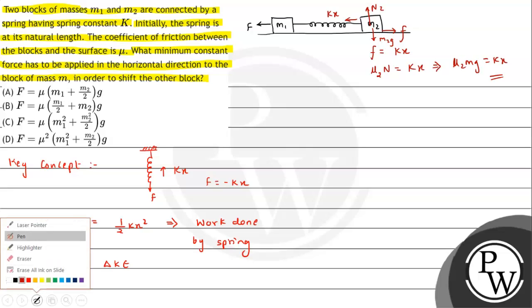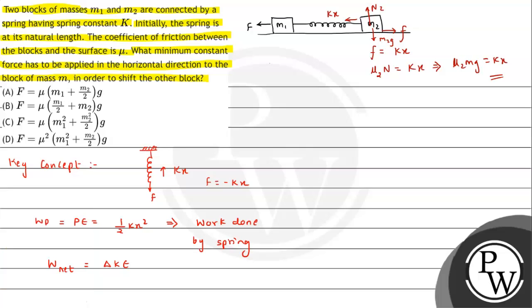So m1 पे जब force लगेगी आगे की तरफ, so we can clearly see कि इसके ऊपर भी friction force opposite direction में act करेगा, and इसके ऊपर जो normal reaction आएगा वो आएगा n1 and it will be m1g. So यहाँ पे we can write कि by work energy theorem हम क्या लिख पाएंगे, W net, that is work done by all the forces, is change in kinetic energy.